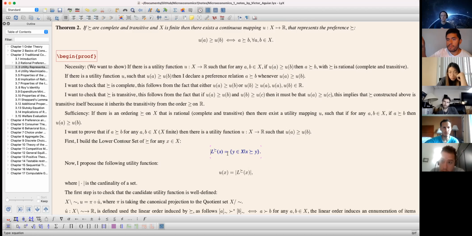The third most preferred one, cardinality will be 1. So this utility function will map the most preferred one to 3, the medium case to 2, and the third one to 1. So it will give me a number out of each alternative. Okay, so mapping from the X to the reals.